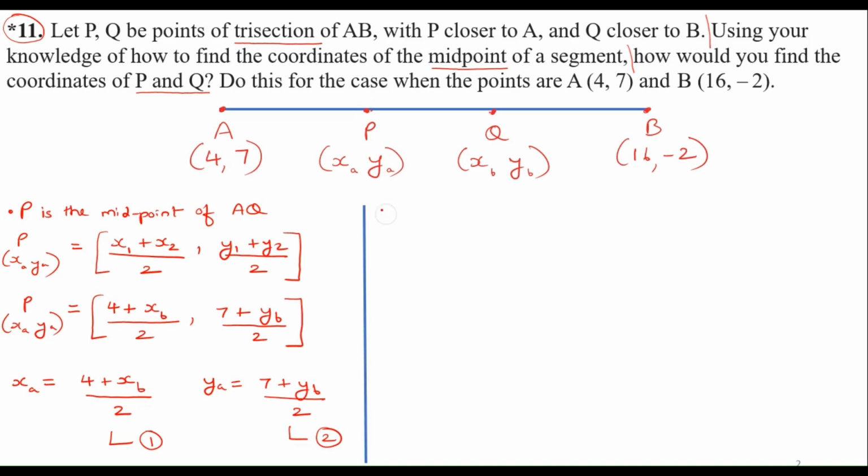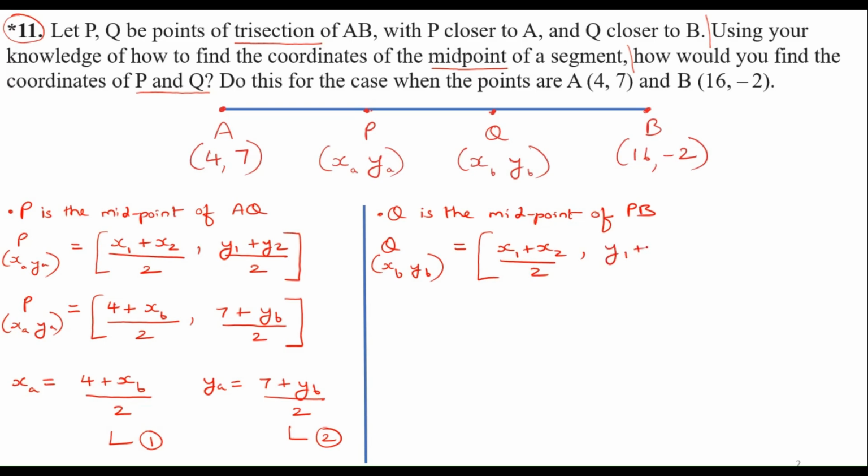Now similarly we will say Q is the midpoint of PB. Okay, so for the Q coordinates xb and yb, the formula will be the same midpoint formula, x1 plus x2 divided by 2 and y1 plus y2 divided by 2.